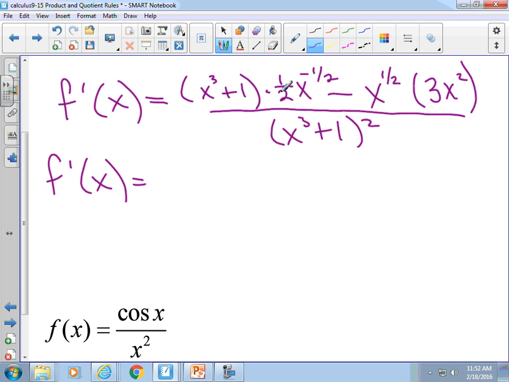Okay, so I'm going to multiply 1/2 x to the negative 1/2 by both pieces. When you're multiplying two things at the same base, you add exponents. So I get 1/2 x to the 2 1/2, which is 5 over 2. Any questions about how I got that? Plus 1/2 x to the negative 1/2.